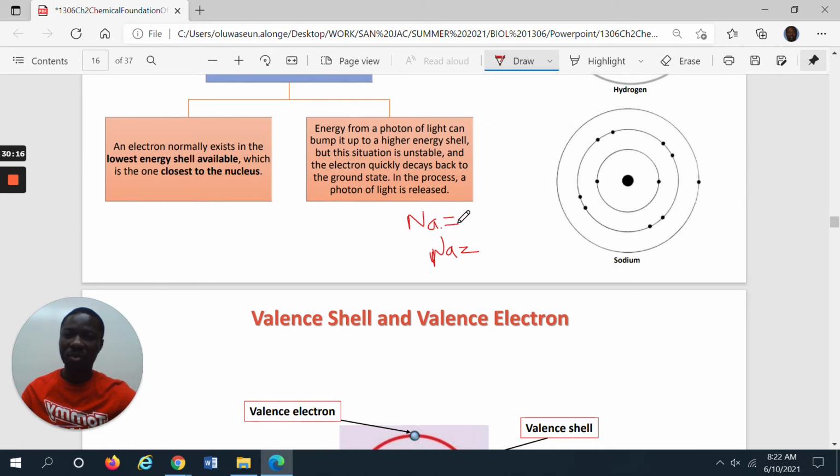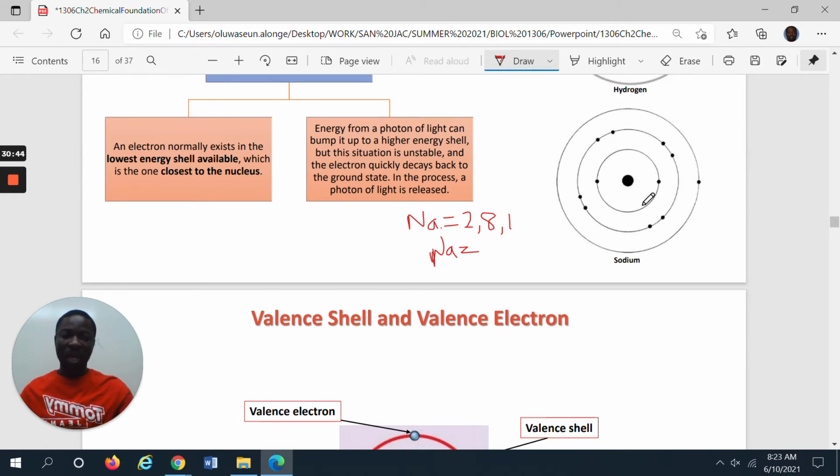Then equal to, what is the number of electrons in the first shell? 2. I'll put a comma. What is the number of electrons in the second shell? 8. I'll put a comma. What is the number of electrons in the third shell? 1. So 2, 8, 1. This tells me the first shell has 2, the second shell has 8, the last shell has 1.